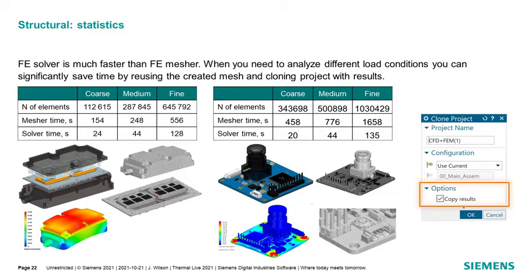But this also points out that if you're going to analyze models that have different load conditions, you can clone that project within SimCenter FloEFD, and so you only have to do the meshing process once and then the solving process for each cloned project. It also points out that there isn't strictly a thermal analysis required. This can be used for some purely structural calculations in SimCenter FloEFD.